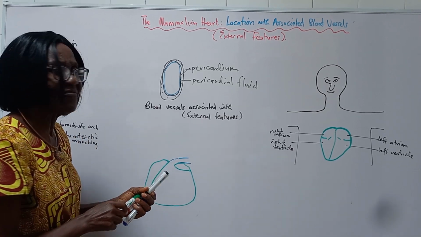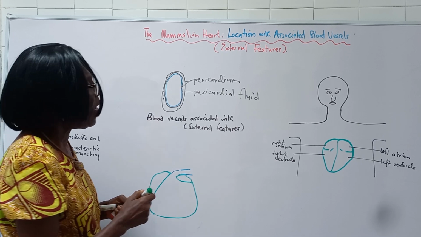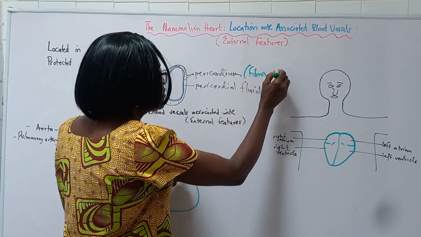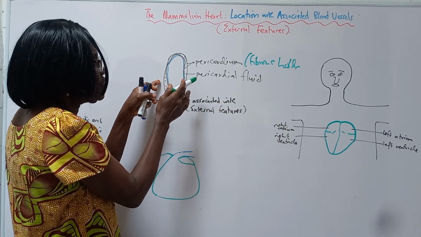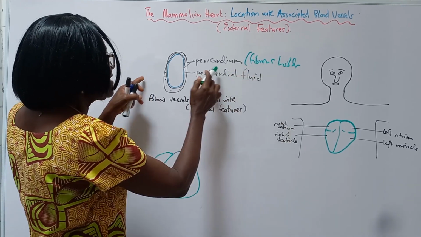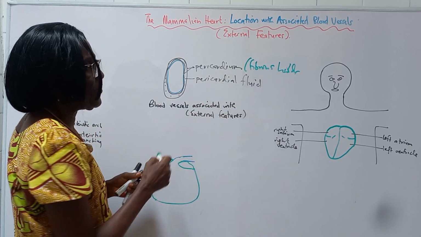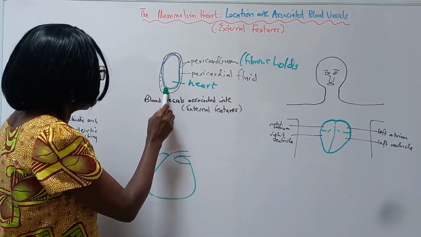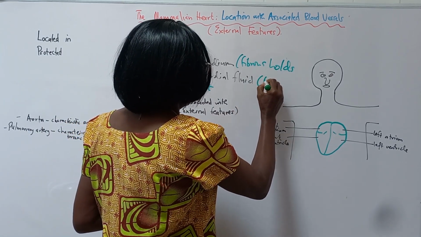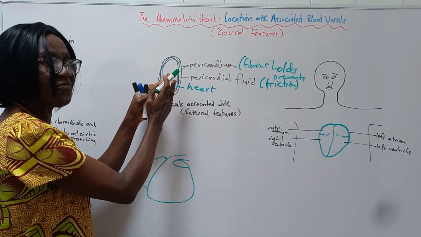Now, what is the function of the pericardium? Two major functions. One is that because it is fibrous, it holds the heart in place behind the sternum, so it attaches the heart securely in the thoracic cavity. Another function is that the pericardial fluid prevents friction as the heart expands and contracts.